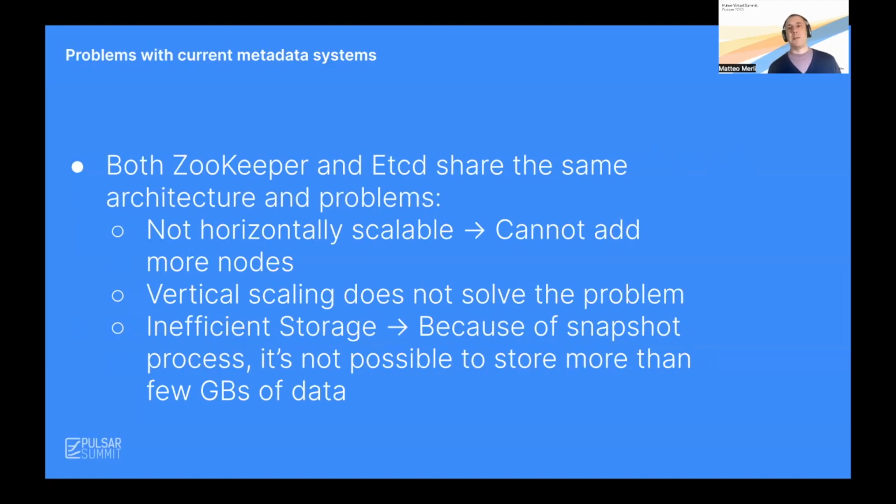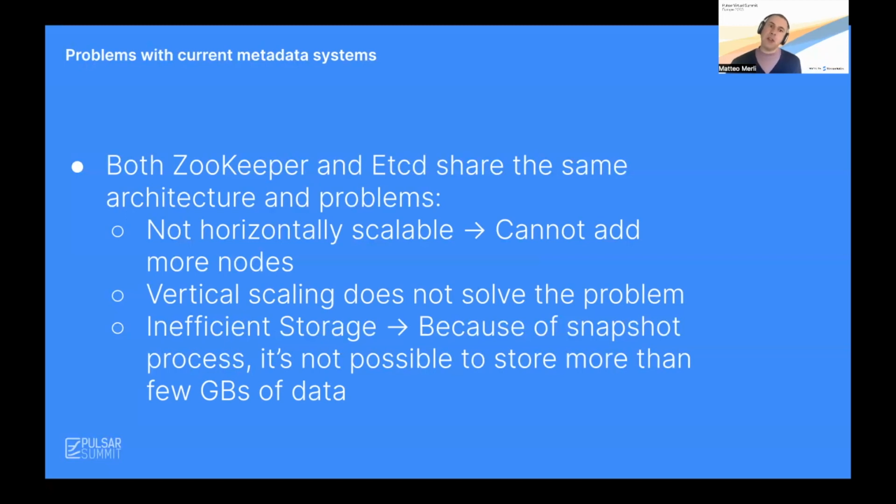So you cannot just add more nodes into a ZooKeeper or etcd cluster and have more throughput or more storage capacity, because every node will have the same entire data set. You can scale vertically by adding more hardware, more CPU, memory, but it only gets you a minimal improvement. You're still bound by the capacity of a single node.